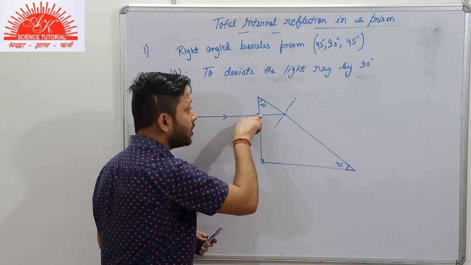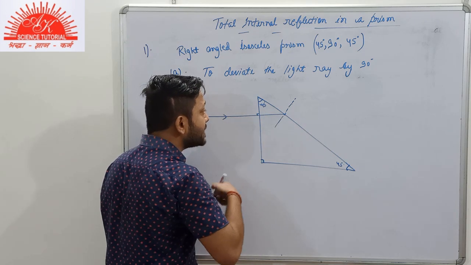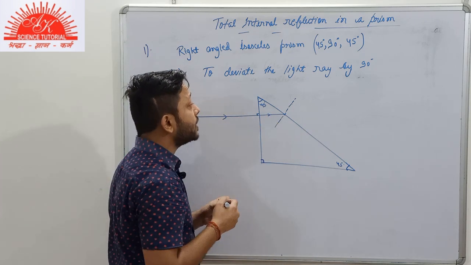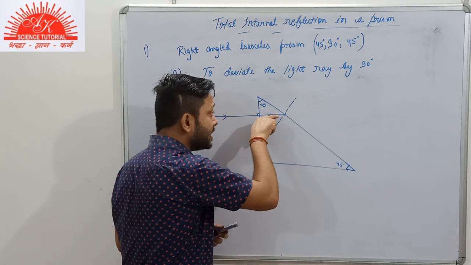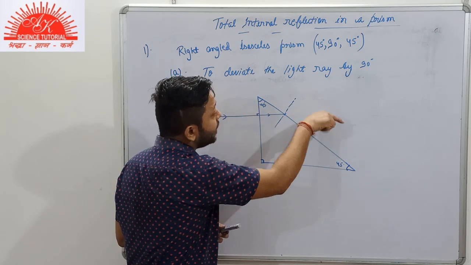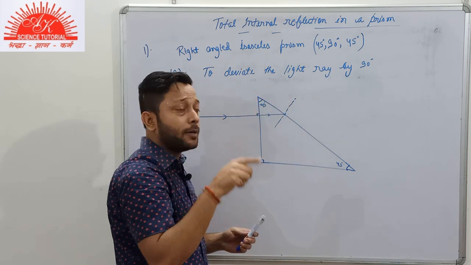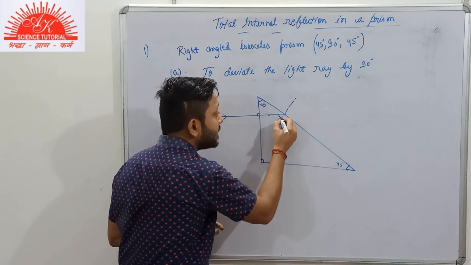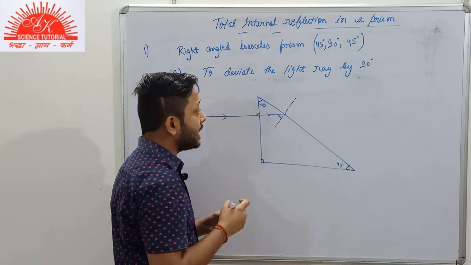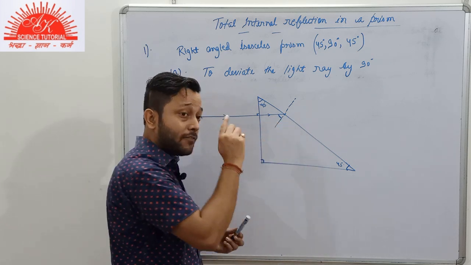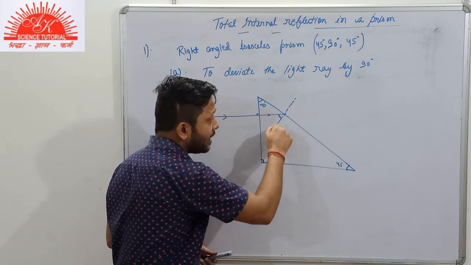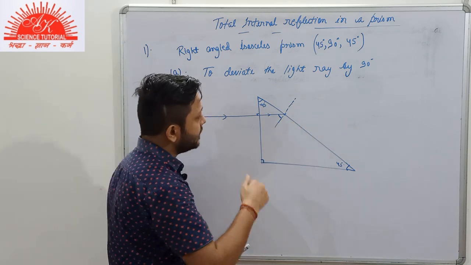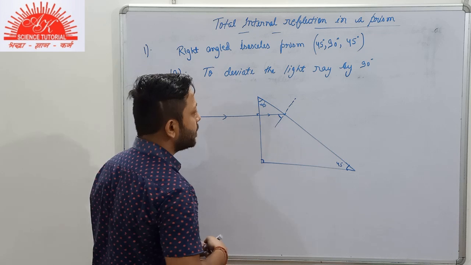As you can see, once the light ray has entered the prism, that is inside glass, its tendency is to move from glass to air, that is from denser to rarer medium. So we have to find this angle, the angle of incidence. If it is greater than the critical angle for the given pair of media, glass and air, then total internal reflection will take place.